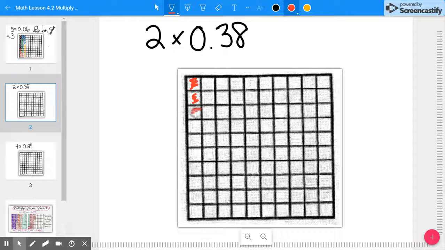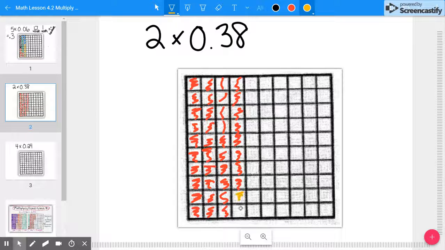100th, 2, 3, 4, 5, and so on up to 38. Now I need to go to a different color because I need to have 2 groups of 38/100ths.